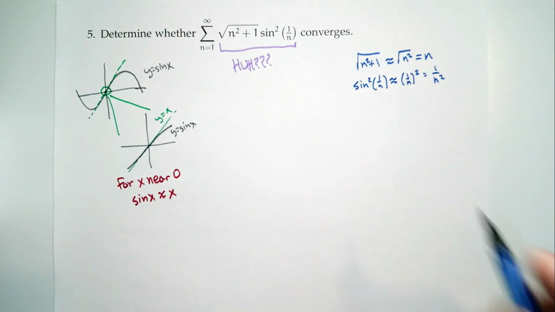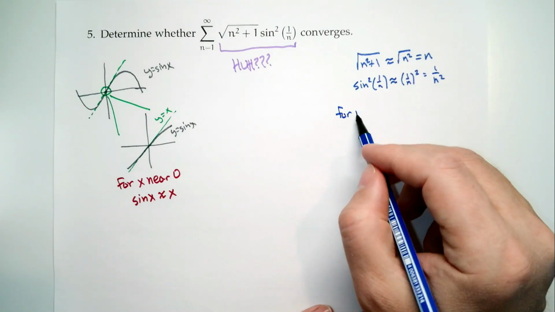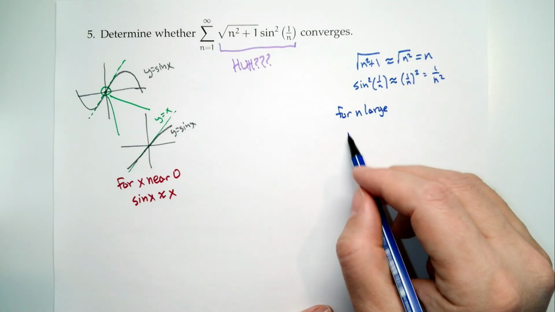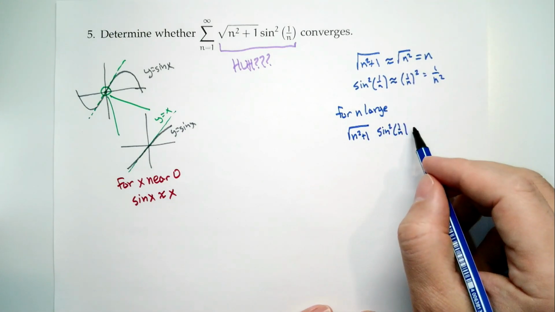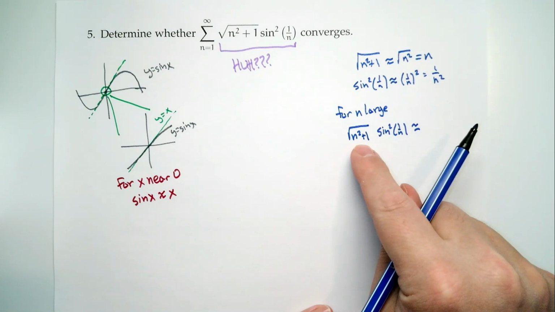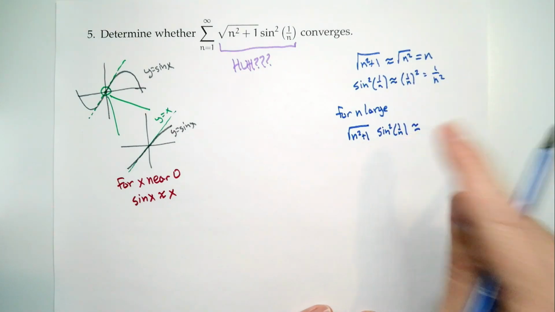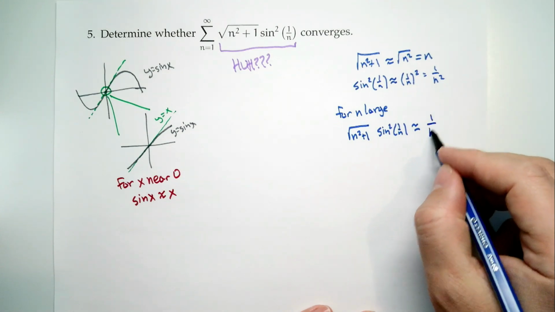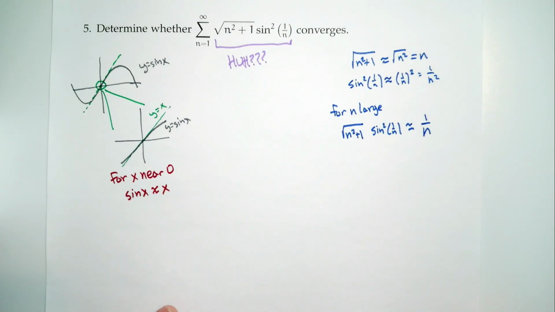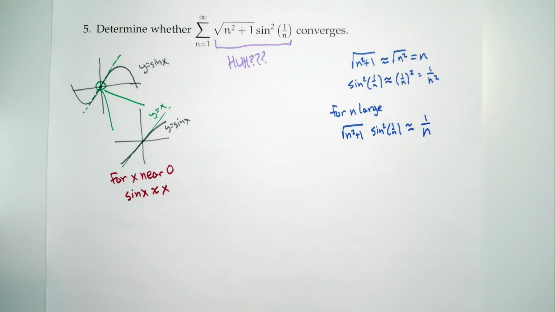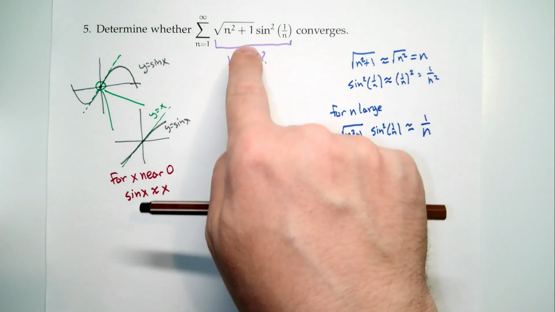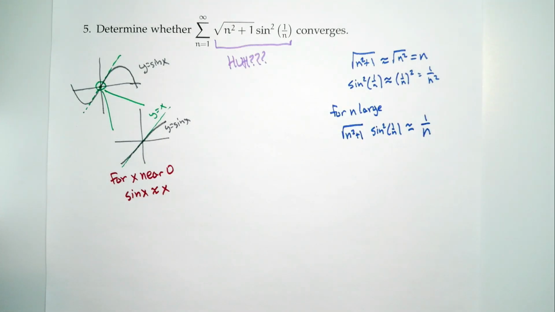So what that says is that for n large, the square root of n squared plus 1 times sine squared of 1 over n is approximately, this term here is about n, this term is about 1 over n squared, and if you multiply them together, you get 1 over n. Okay, so now it's starting to come into focus. So what's our key here? These terms are going to behave like 1 over n. And we're going to justify all of that in a few minutes.